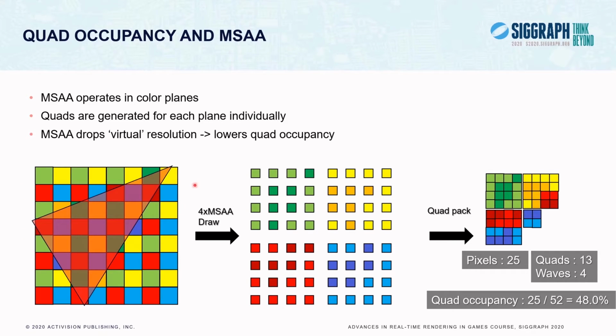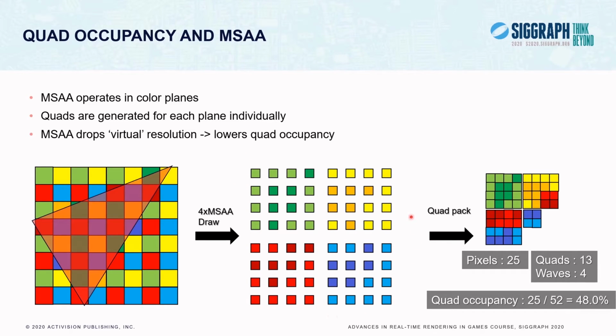So if we have a triangle rendered over a 4 times MSAA grid, we're going to be generating quads in 4 different planes. And those planes, in most cases, at least on AMD GPUs, are going to be swizzled between each other. So every quad of the original image is going to get one subsample, and those subsamples are going to form actual quads, but from individual planes.